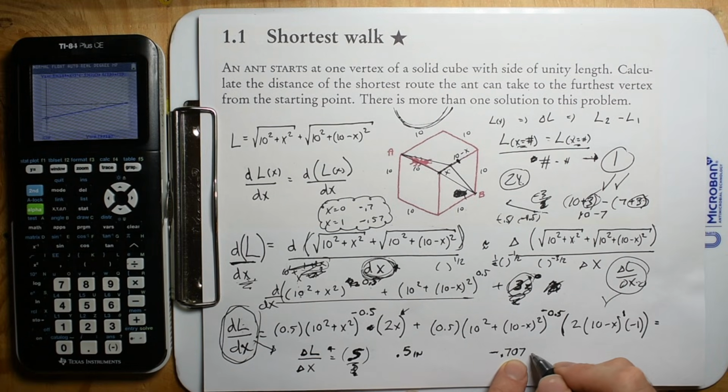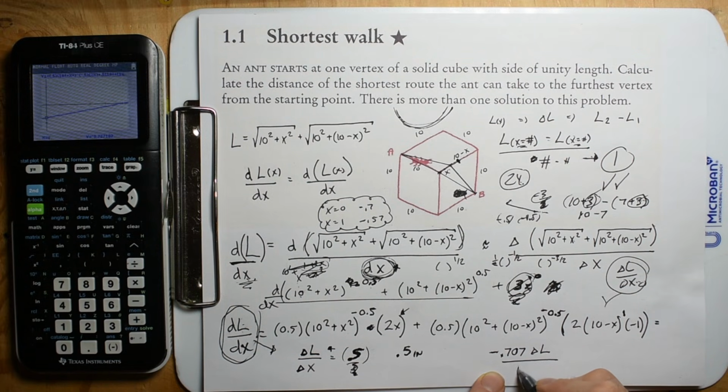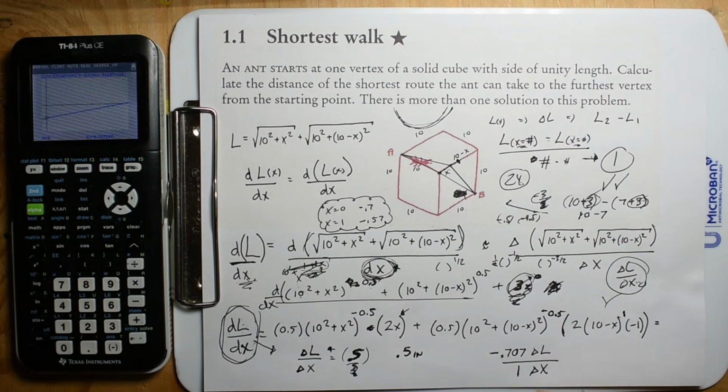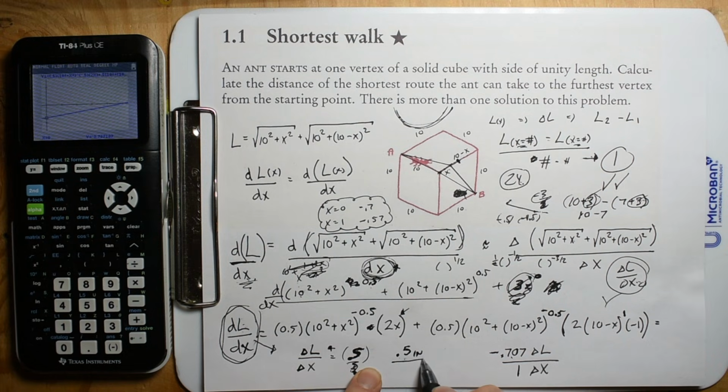This is going to be a change in length of negative 0.707 per a change in x of 1. Because whatever value you get in a derivative, just put a divisor, put 1 underneath it, and that is going to be the change in x.